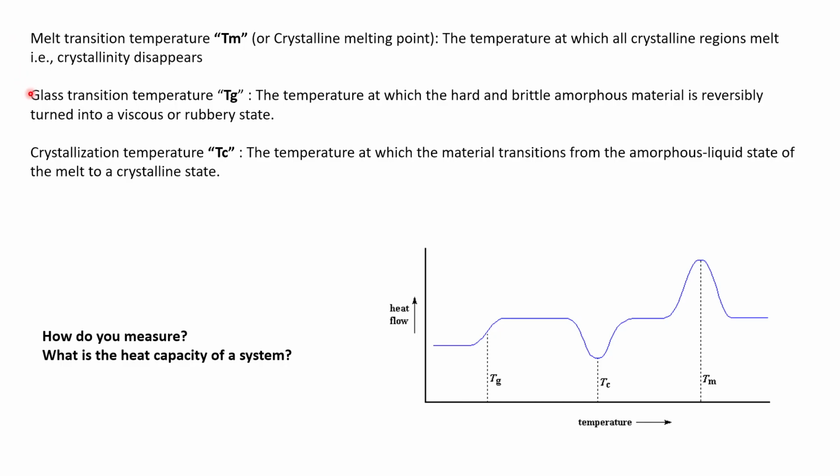And the glass transition temperature is the temperature at which the hard and brittle amorphous material becomes viscous and rubbery in a reversible way. And obviously, the crystallization temperature is the temperature at which the material transitions from being this amorphous liquid back into a crystalline state, right? So that's what the TM, TG, and TC are for a polymer.